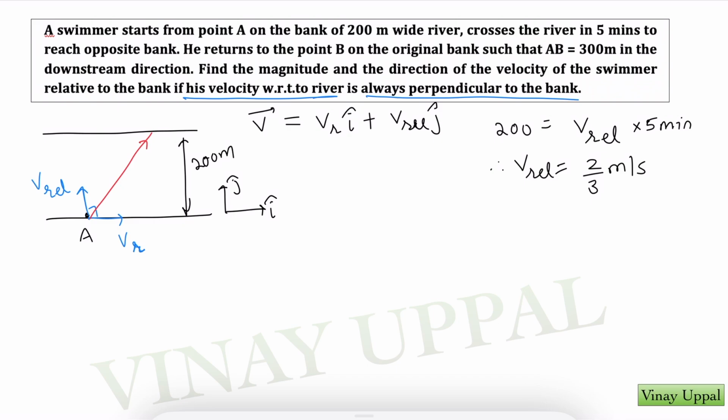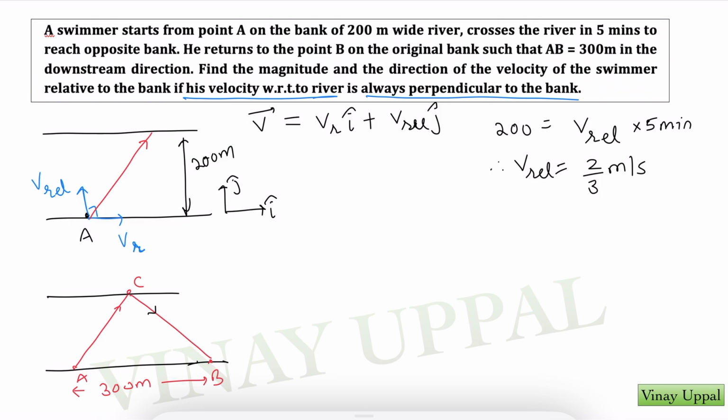Alright, the next information is he returns to a point B on the original bank. So first he travelled from A to some point, let's say C, and then he returns to point B, and this is 300 meters. So once again, the velocity of the swimmer with respect to the river is perpendicular to the bank.